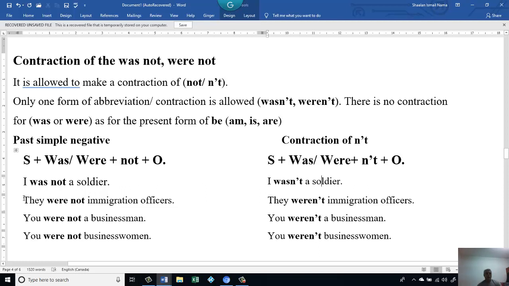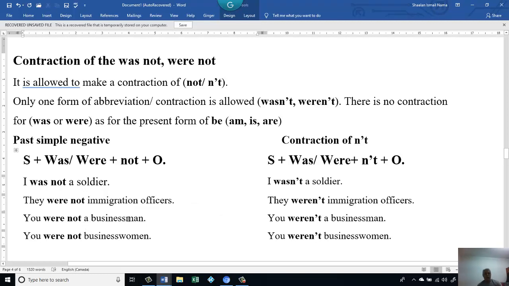Or here, they were not immigration officers. Then the contraction: they weren't immigration officers. Then we have here how to distinguish between when we speak to one person or we speak to a group of people. For example, our sentence here: you were not a businessman. If we look here, we have a, this is called an article.